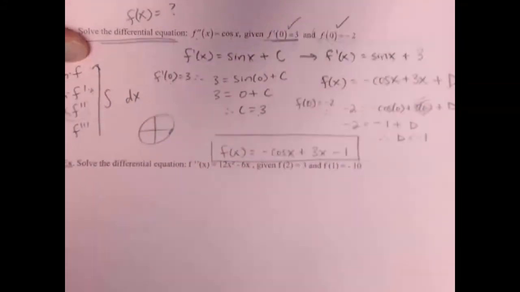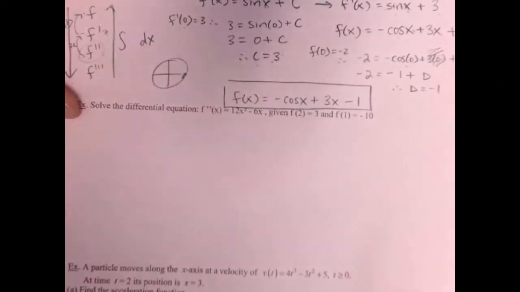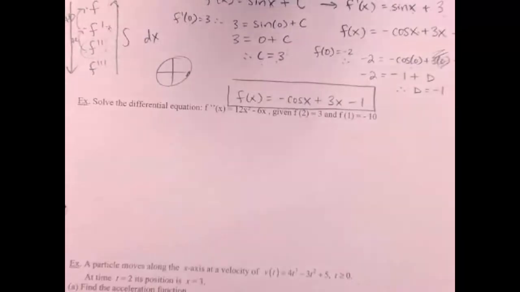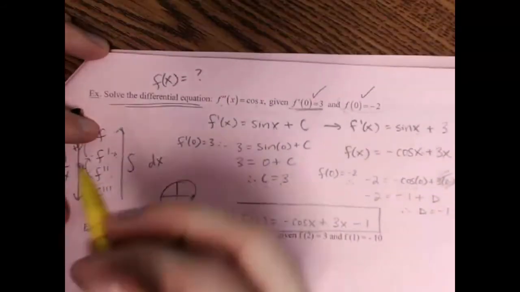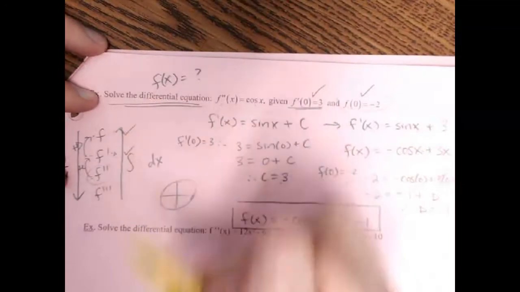Okay, next example. Solve the differential equation. Remember, that just means integrate, get up to f equals. It says the second derivative is 12x squared minus 6, given f of 2 equals 3 and f of 1 equals -10. So in that previous question, I had one piece of information at the f prime level and another at the f level.